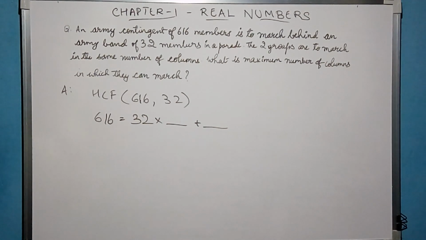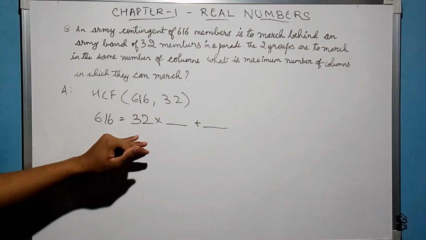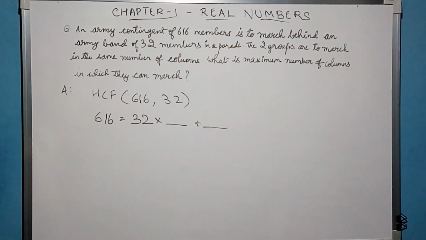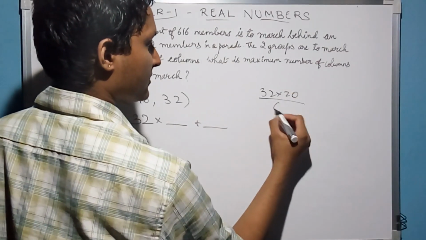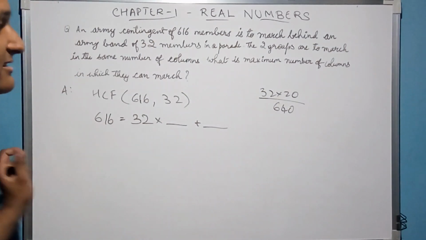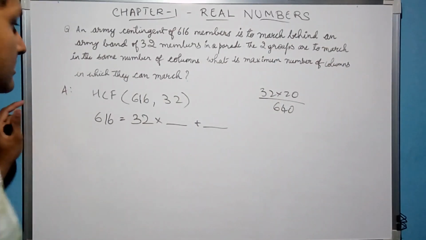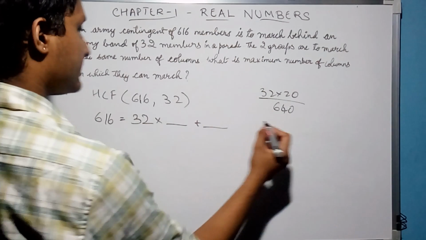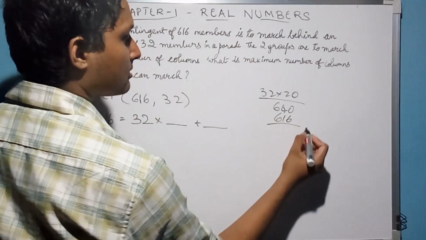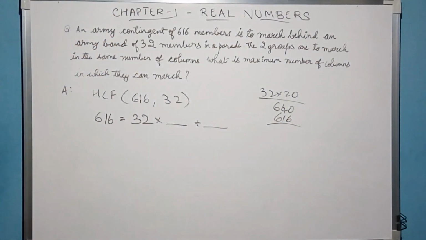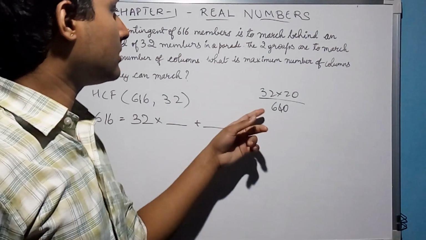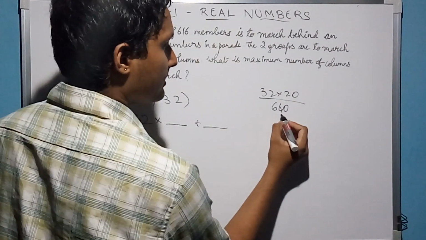You need to get a remainder. Maybe the double of, yeah, 640. There's a number that's coming to my mind now. So 32 into 20 is 640. But 640 is more than 616. I need to get a number that is less than 616. Yeah, I need to subtract 32 from this so that I get a proper number here.